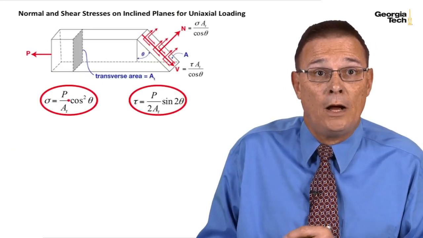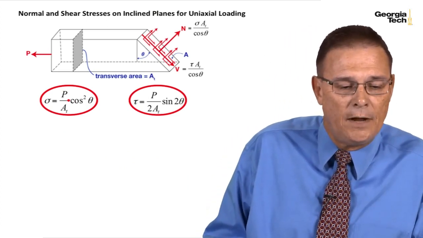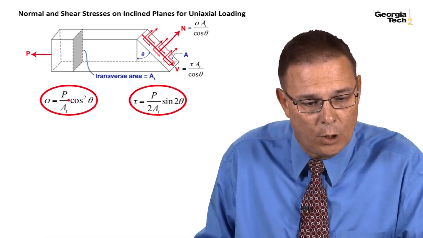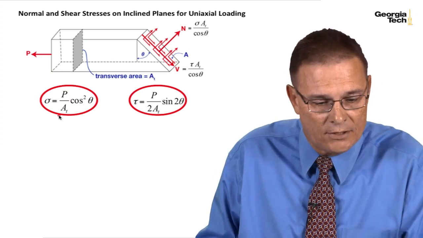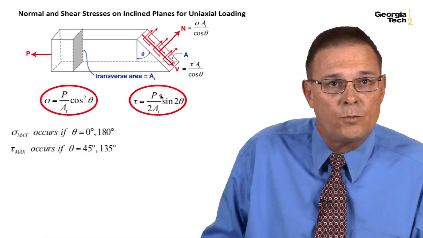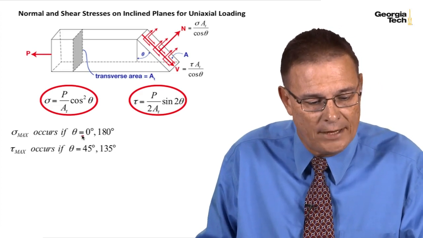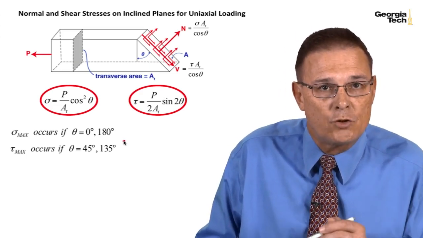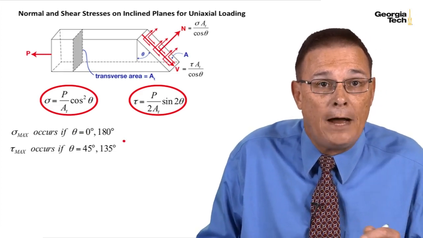Back at Module 4, this was what we did on the normal and shear stresses on an inclined plane for uniaxial loading for an angle theta. We found this was the normal stress and this was an expression for the shear stress. We found that the max normal stress occurs at an angle of 0 or 180 degrees. The max shear stress occurs at an angle of 45 or 135 degrees.